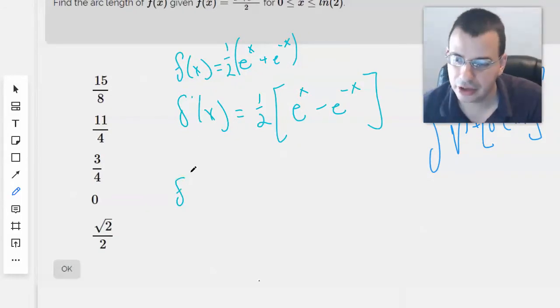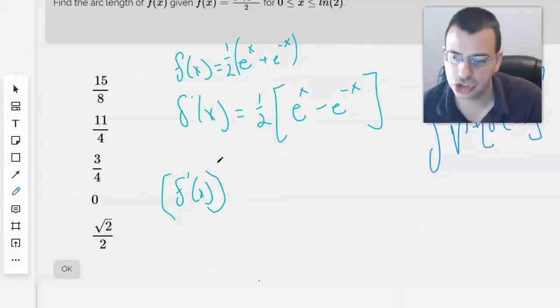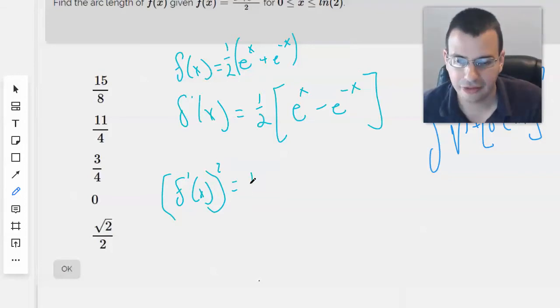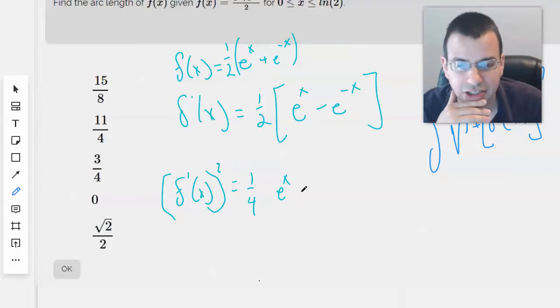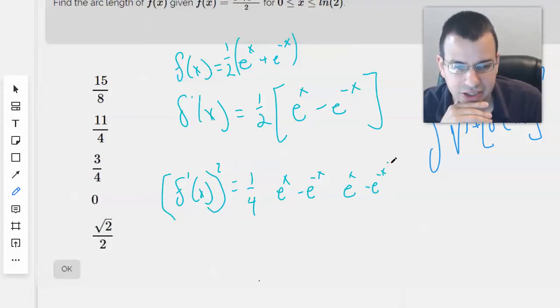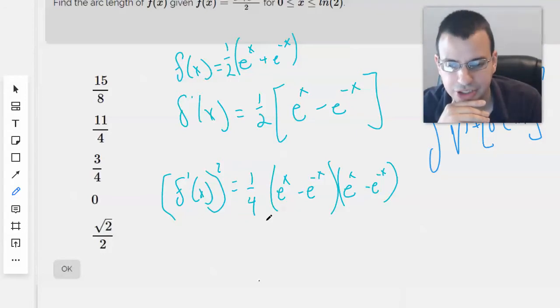So we have f prime of x squared. We'll have 1/4. And then we're going to have to square e to the x minus e to the negative x, times e to the x minus e to the negative x, appropriate parentheses.